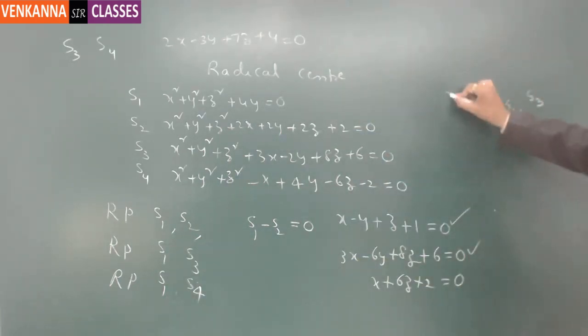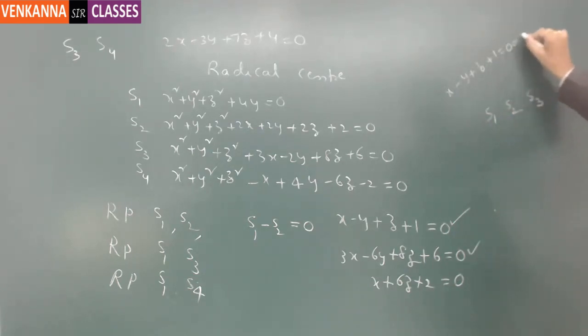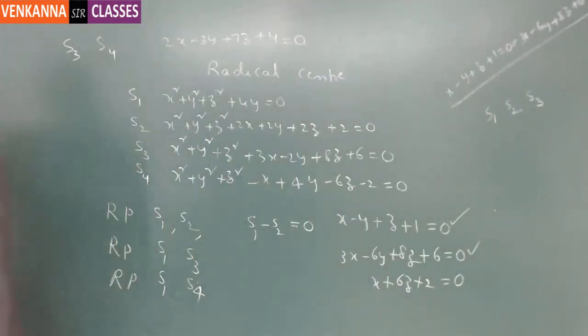So if you write the two equations together, this is nothing but the radical plane. Sorry, the radical line. So the intersection of radical planes is nothing but the radical line. So you are representing the line equation in unsymmetric form. Our interest is to calculate the radical center only, not the radical line.